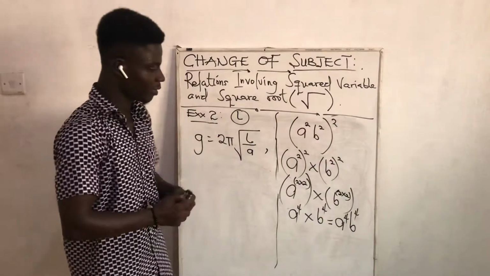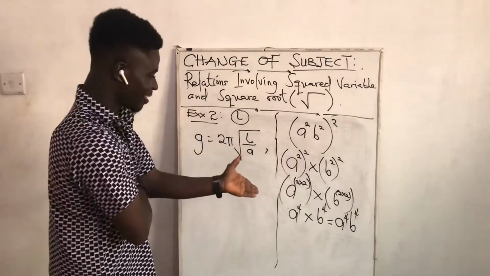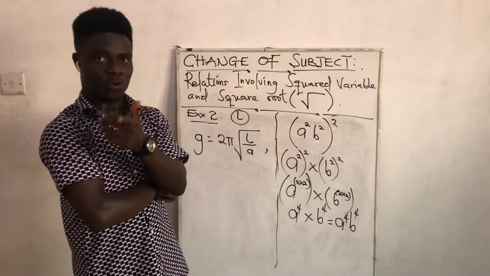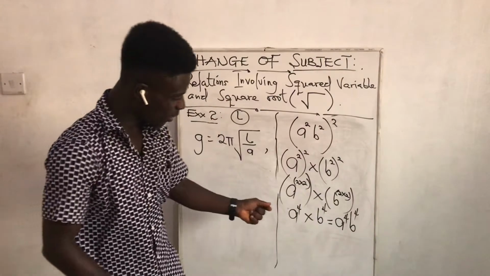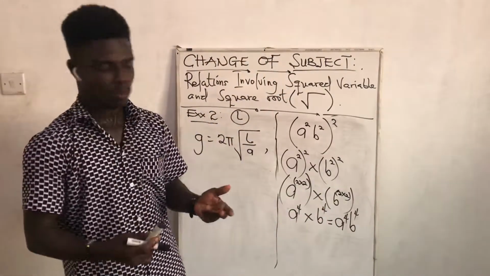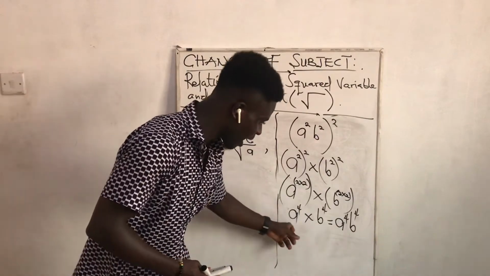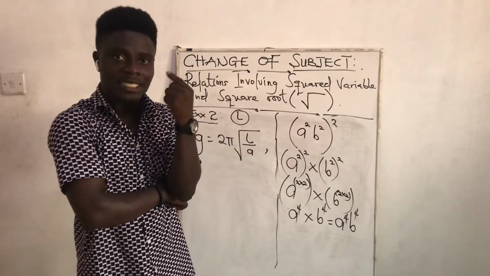Now, someone somewhere is saying that you are wrong. I know what you are thinking: I thought I would add these powers. No, because they don't have the same base.